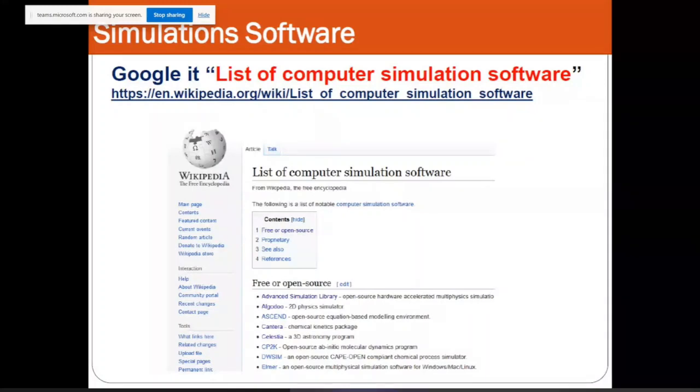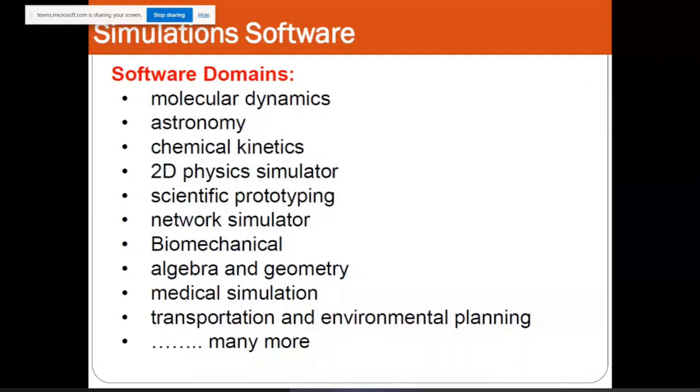Now, these are some other domains like molecular dynamics, astronomy, chemical kinetics, physics simulators, scientific prototyping, NS2. I hope most of you know what NS2 and NS3 are. It is nothing but network simulation software, where we can generate a scenario for small scale networks, medium scale networks, or we can also simulate large scale networks.